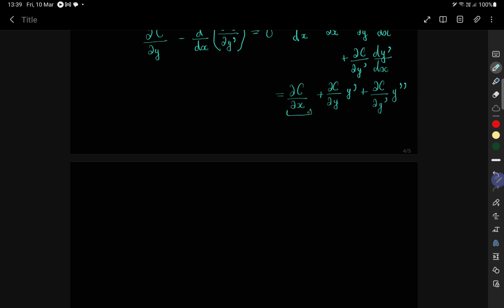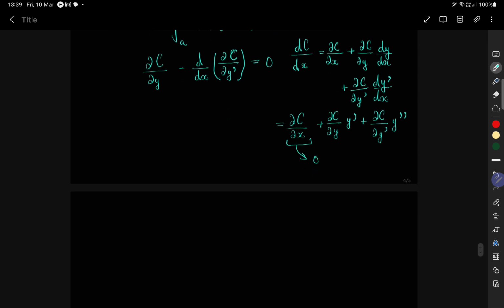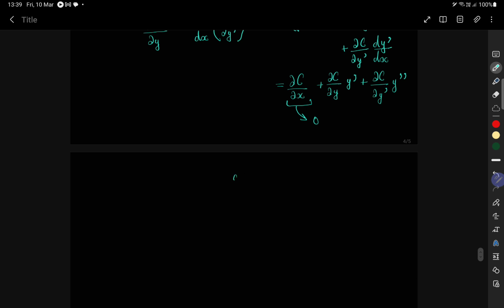Now this term, as I said, c has to be independent of x. That is only when you can use the Beltrami identity. So this term is 0 again. So we get dc by dx should equal partial c by partial y times y prime plus partial c by partial y prime times y double prime.